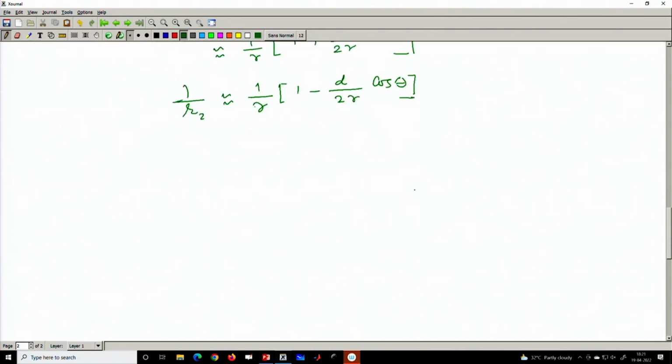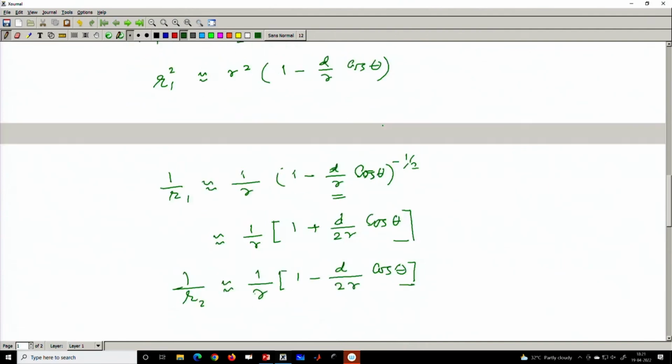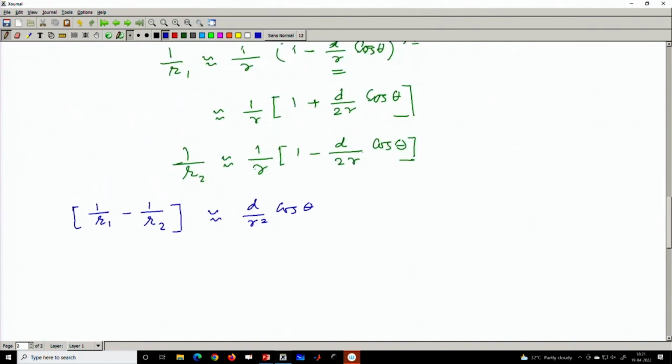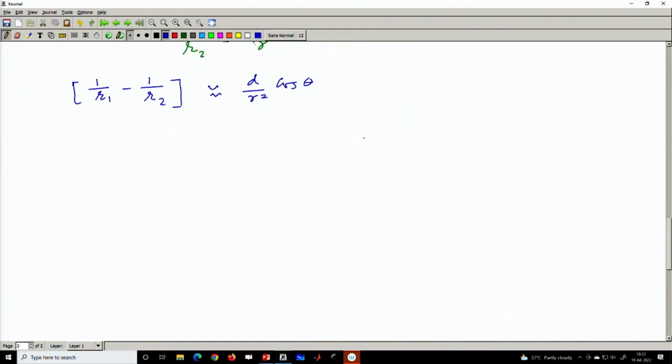And finally, I need to calculate, because in the expression you will see that we have 1 by R1 minus 1 by R2. So, if I calculate that quantity, it is nearly equal to d by R square and then cos theta, because I just subtract this from this, R will cancel out and d by 2R becomes d by R square and cos theta.